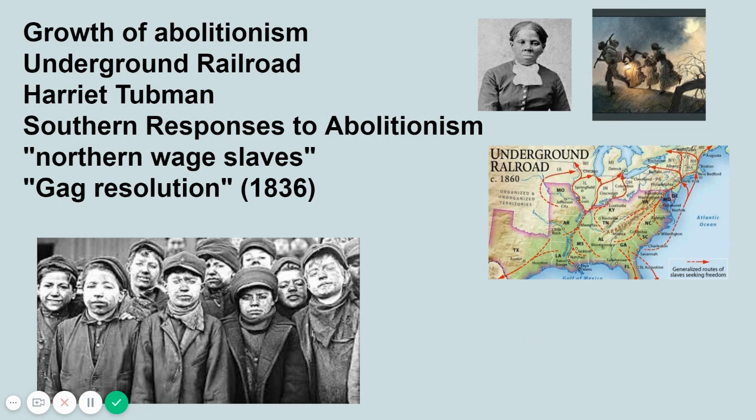This would not last forever, but it was an attempt to quiet the debate concerning slavery in Congress. There was enough that supported slavery at the time, North and South, that they passed this gag resolution. But of course, it's not going to go away.